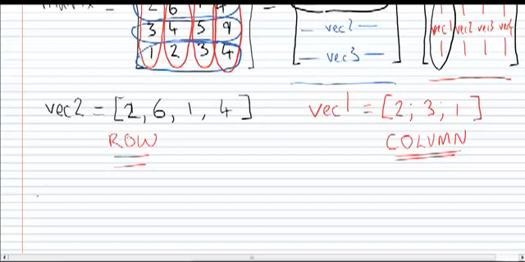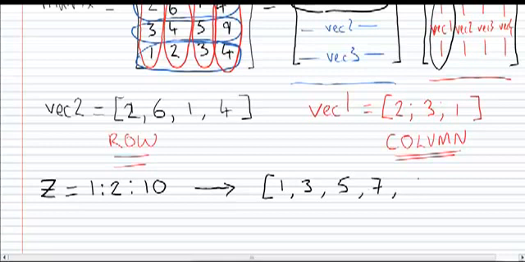Let's call it Z. What this would create is a vector that starts at 1 and then simply goes up in steps of 2 until it reaches 10, but it won't overstep 10, so the last number it would put in there is 9. So we would start at 1, increase in steps of 2 until we reach the value 10.